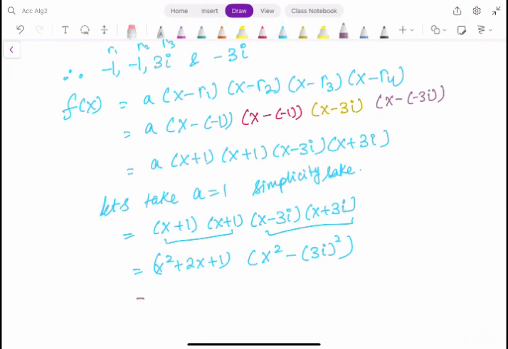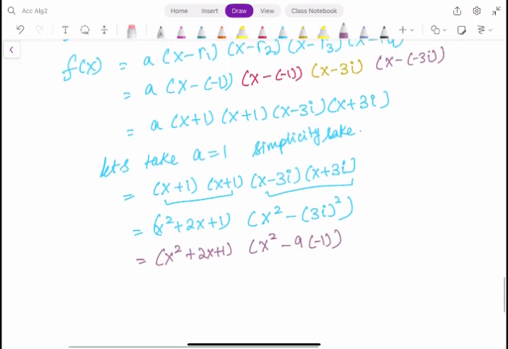Now remember, i squared is negative 1. So we have to do more work in the second part. So that will be negative 9 times negative 1, because i squared is negative 1. And that will give you x squared plus 9.